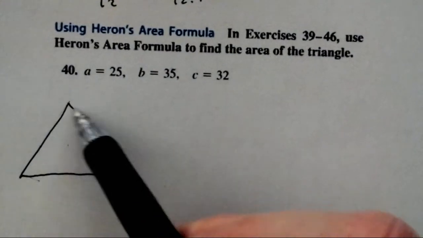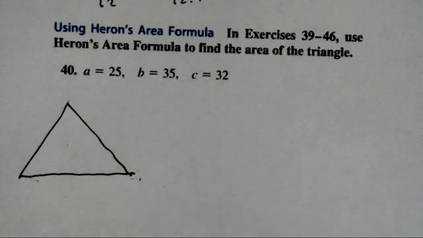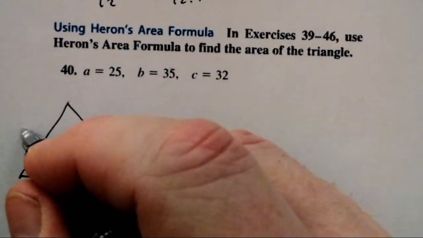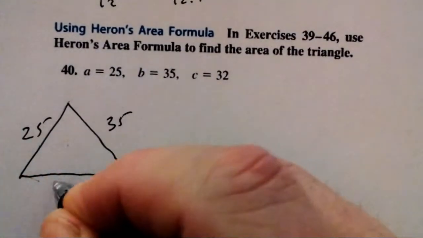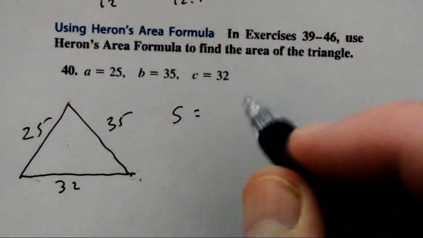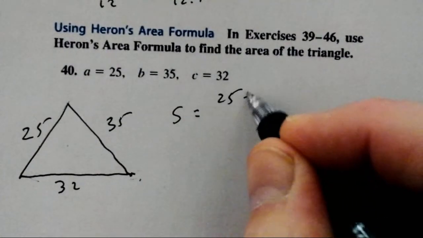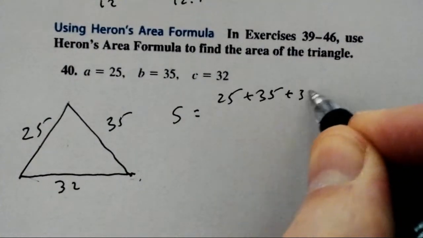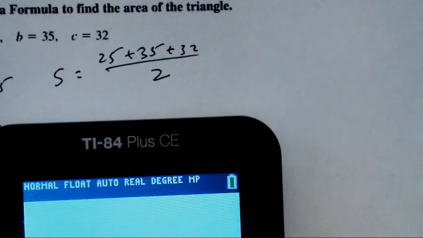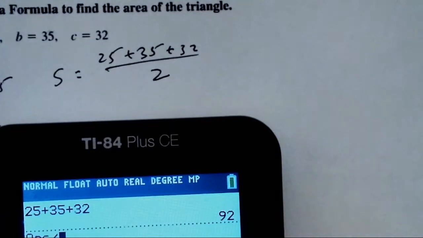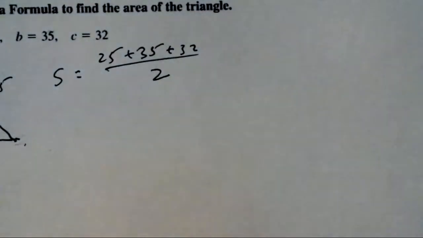We just have to know the outer dimensions of the triangle. So in this case, we have a 25, a 35, and a 32, and the semi-perimeter is 25 plus 35 plus 32 divided by 2. Or 25 plus 35 plus 32, enter, divided by 2, 46.